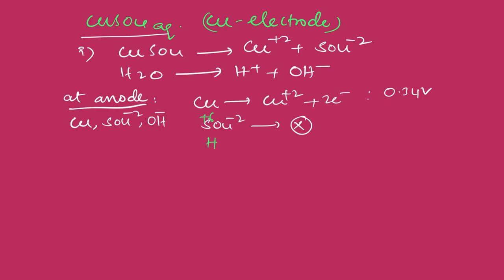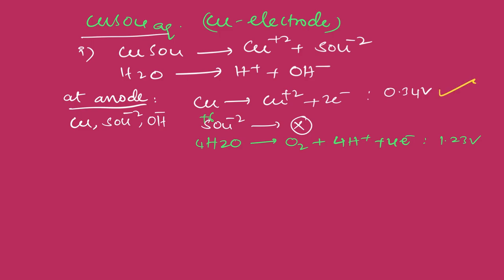And the water reaction we already know, H2O converts into O2 plus 4H plus and 4 electron, therefore here 4, its electrode potential is 1.23 volt. Then according to the lower value will undergo oxidation, therefore which one here?